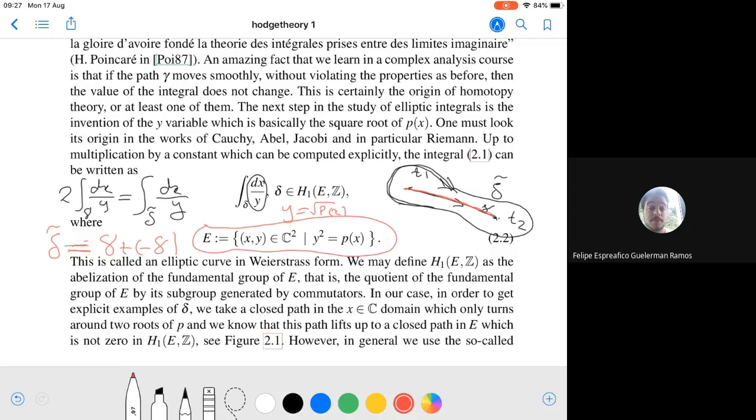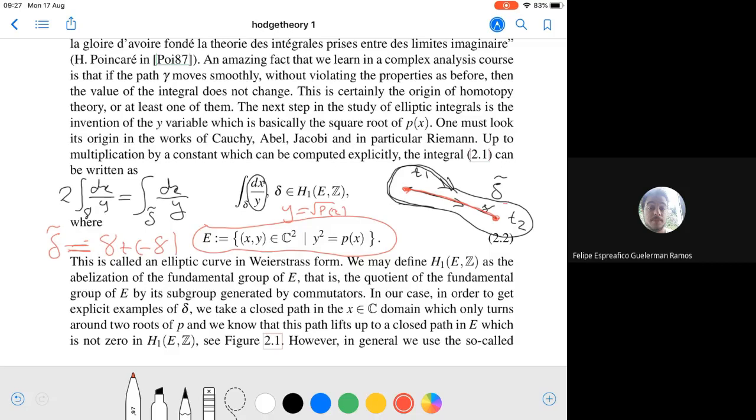We have replaced the domain of integration by a closed path which avoids the ramification points of my function, the square root of p(x). And this is good because I'm not supposed to take care about convergence of the integral and so on, because my function square root of p(x) is well defined over this path delta tilde.